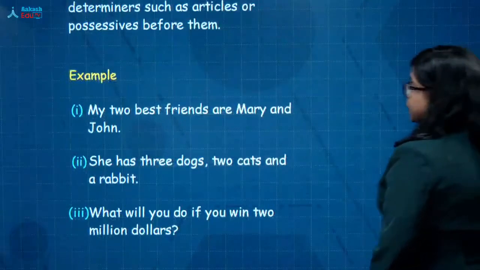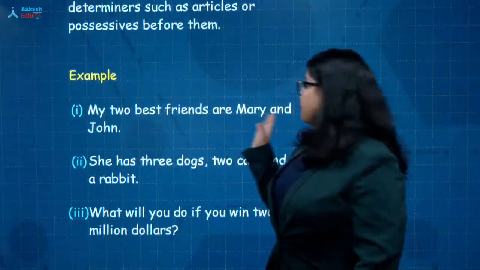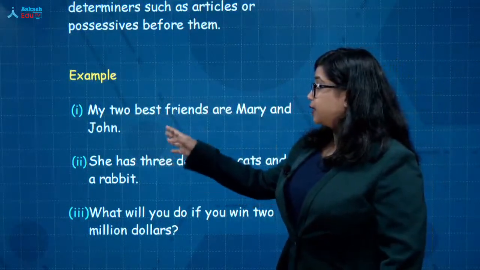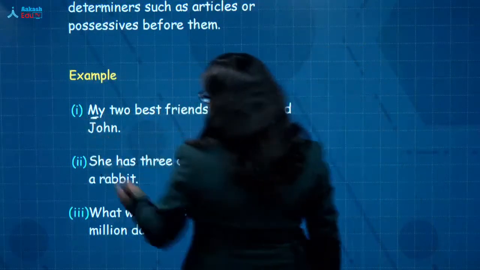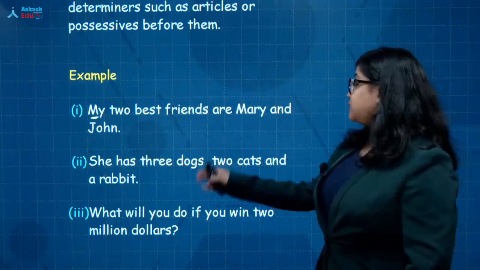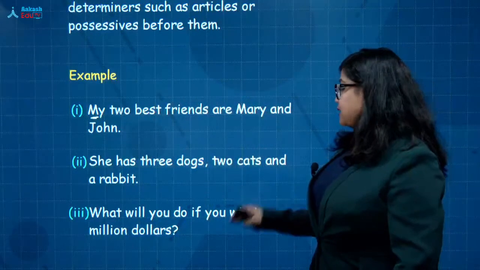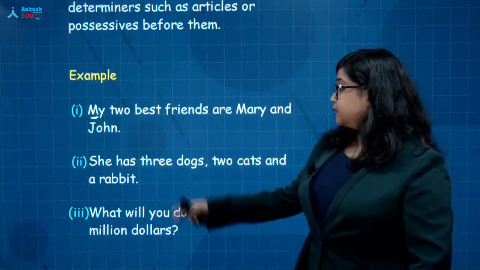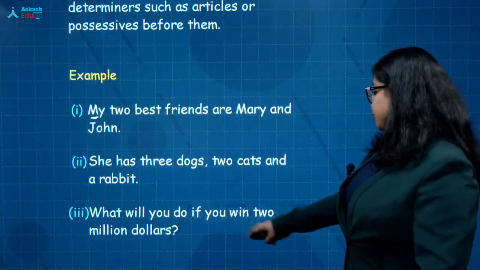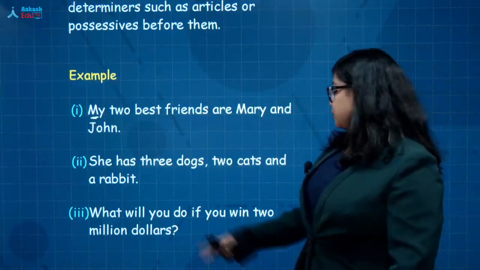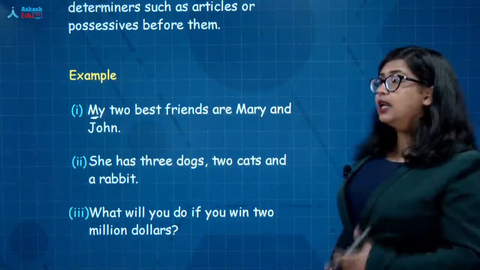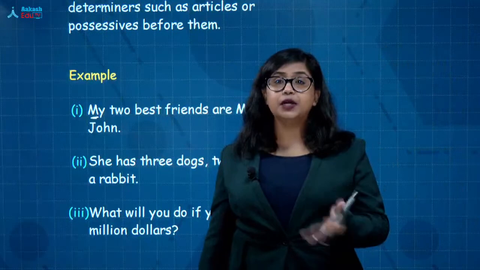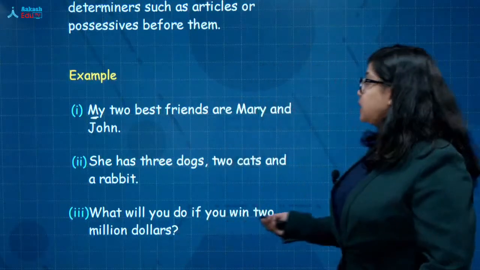For example, my two best friends are Mary and John. Using a possessive determiner before two. She has 3 dogs, 2 cats and a rabbit. What will you do if you win $2 million? So this is how we use our numbers. Once again, cardinal numbers 1, 2, 3, ordinal numbers first, second, third.